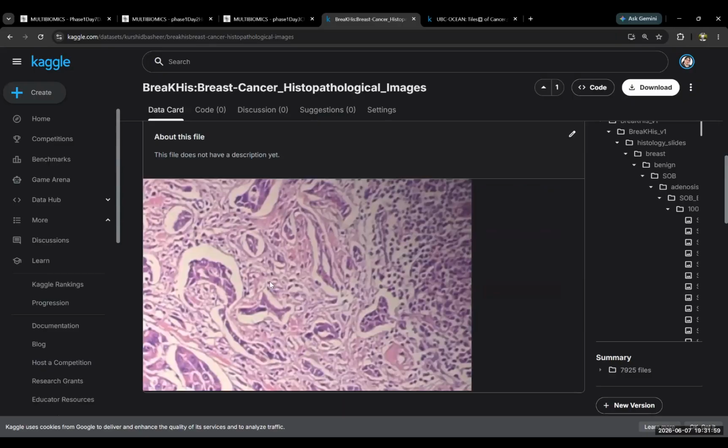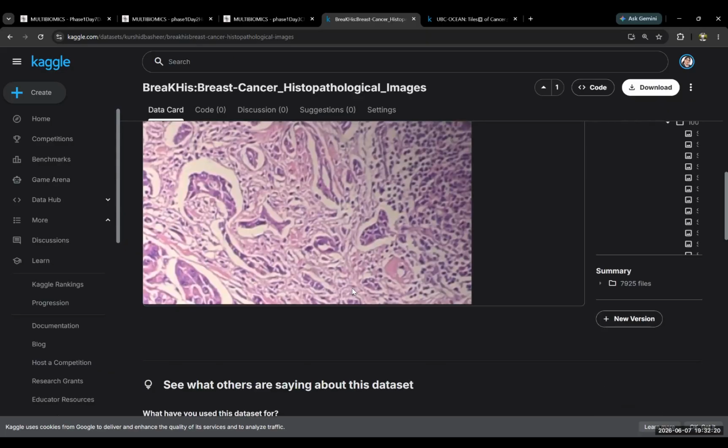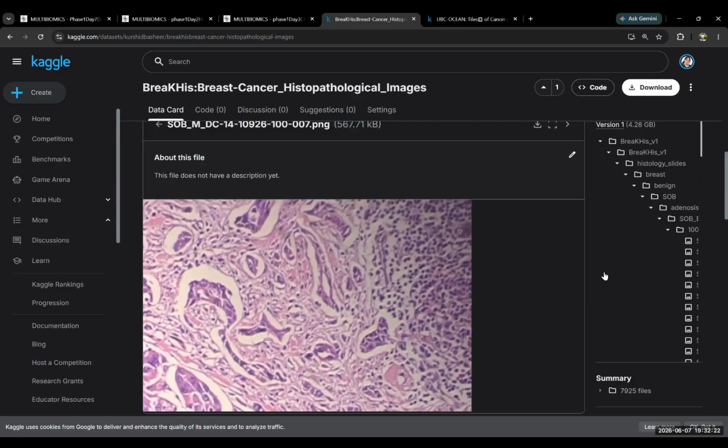Can you see any pattern? Just look at the pattern and tell me whether it is benign or malignant. How can you tell? Is it arranged or a very random pattern? Can you tell me what type of pattern this is?